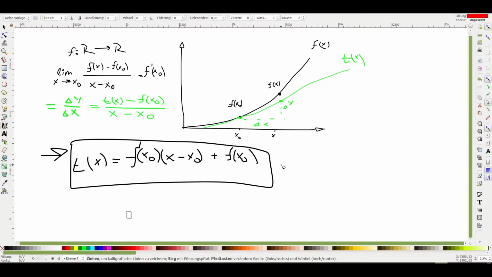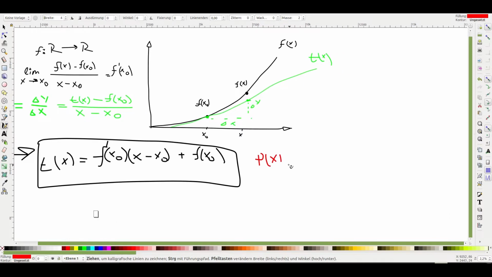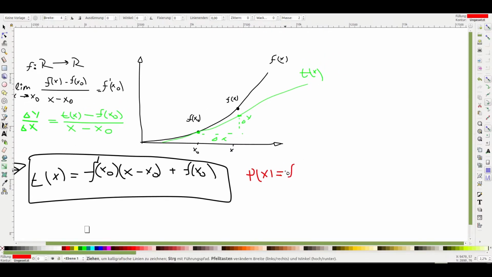Okay, now that we have our tangent line, let's introduce another function. We call this function psi of x, and we'll have psi of x be equal to f of x minus t of x.